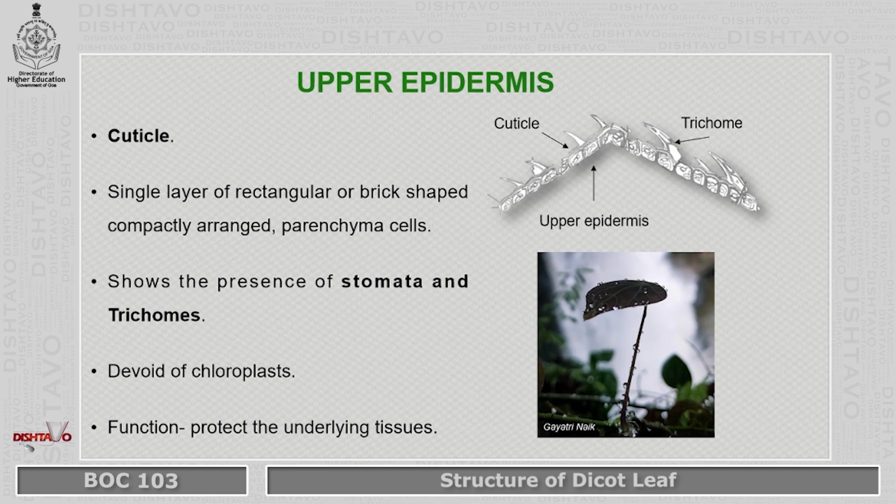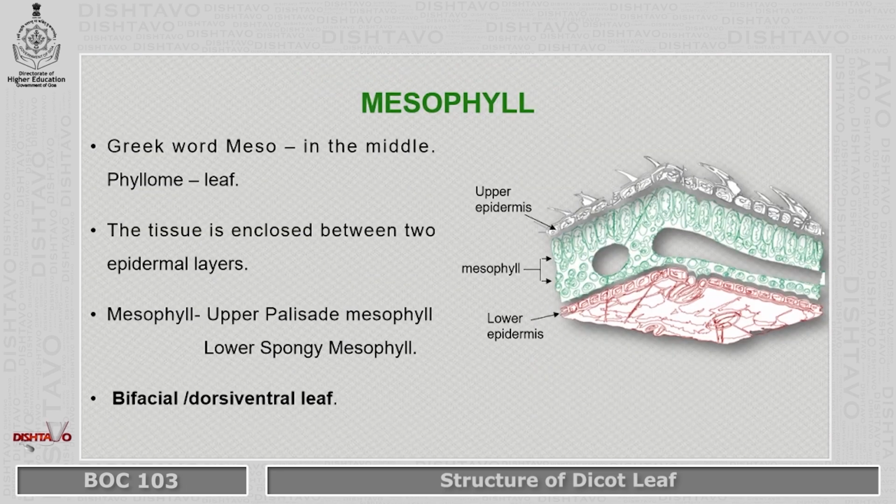Now, let us move on to the next layer, that is the mesophyll. In Greek, meso means middle and phyll means leaf. This tissue is enclosed between the two epidermal layers, that is the upper epidermis and the lower epidermis.